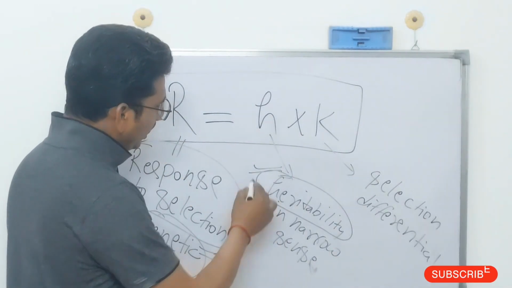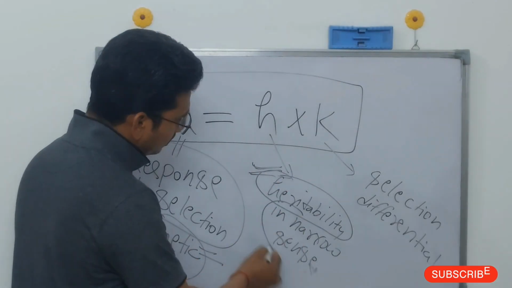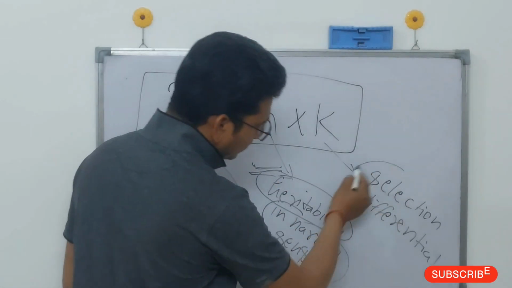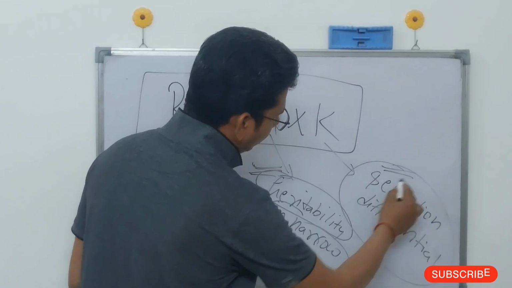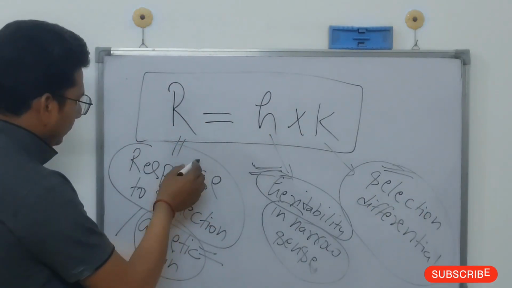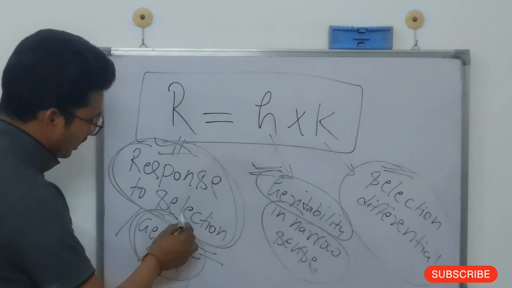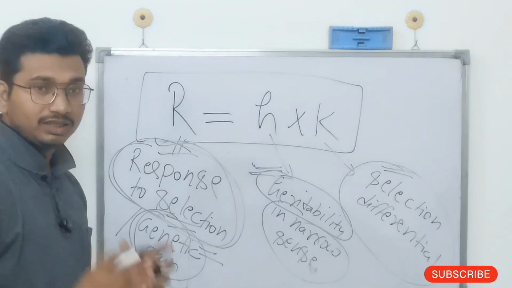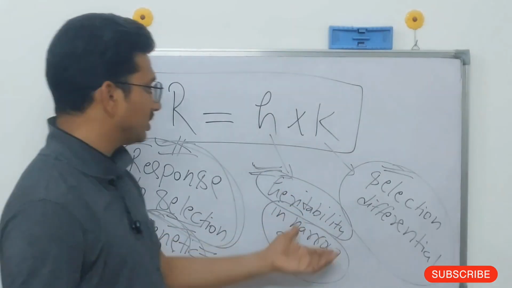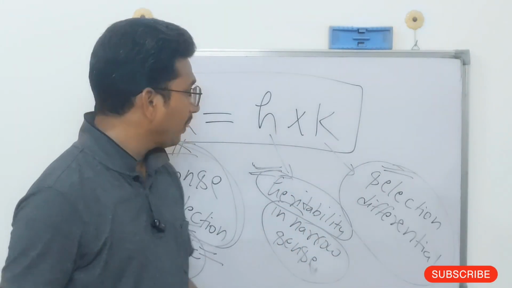So if the heritability narrow sense will increase and the selection differential will increase, then the response to selection will also increase or genetic gain will also increase. This is the fundamental concept in quantitative genetics.